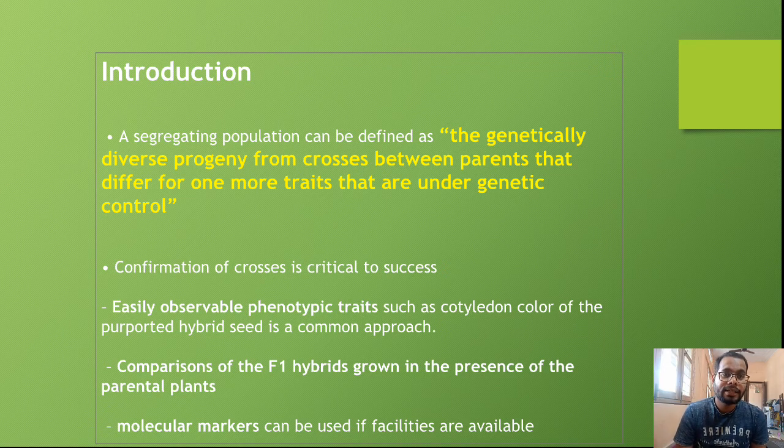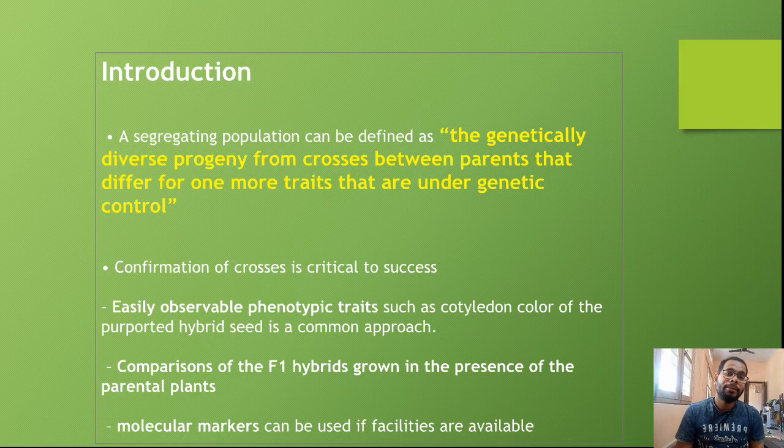After that, the third thing is cotyledon color, which is phenotypic, so you can visualize it with your naked eyes. You can see whether the color of the cotyledon in a seed is red, pink, or any other color. If coloration is there in the cotyledon of a seed, then you can also confirm that the cross happened between the two parents.